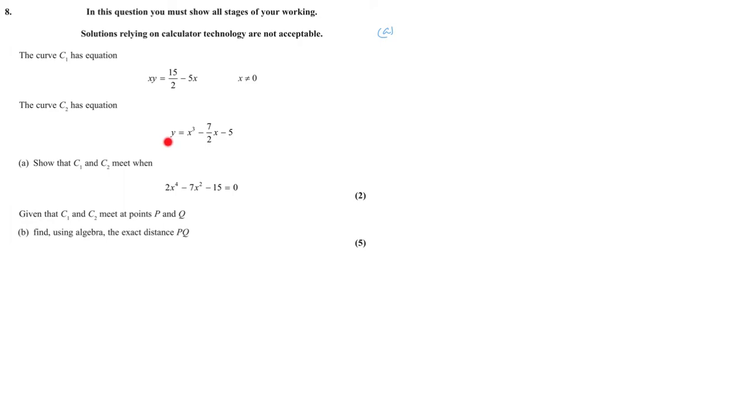So this one's already y equals, so we'll put this one inside of that one. So we're looking at, because we've got xy equals 15 over 2 minus 5x. So replacing the y with x cubed minus 7 over 2x minus 5 in that equation.